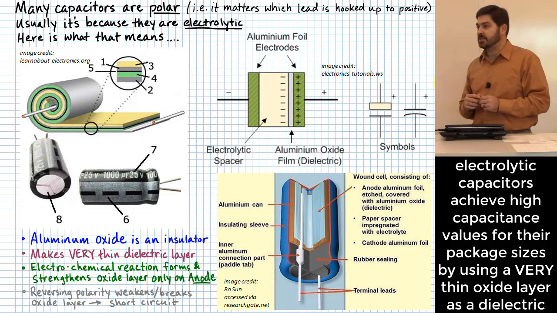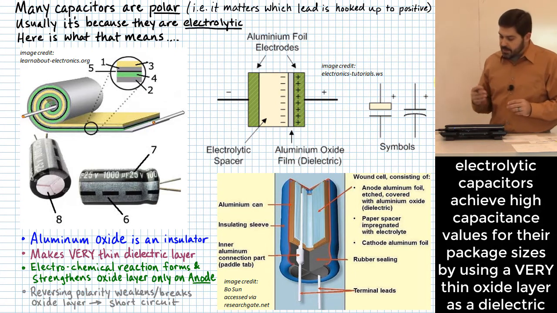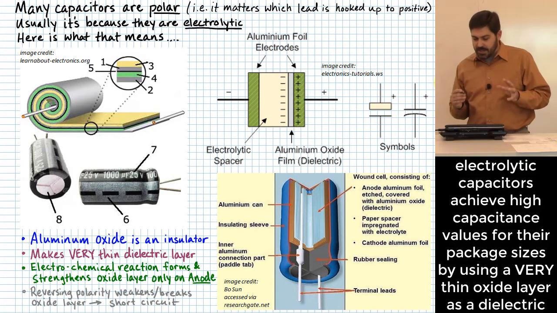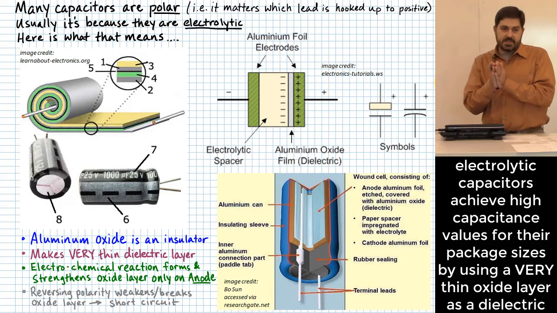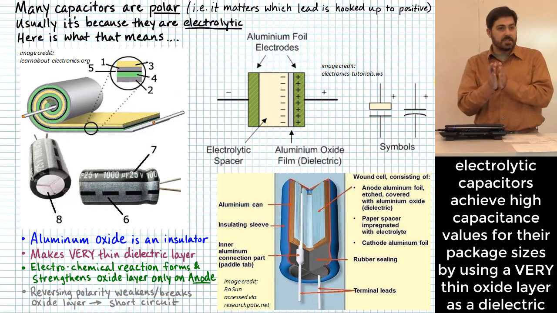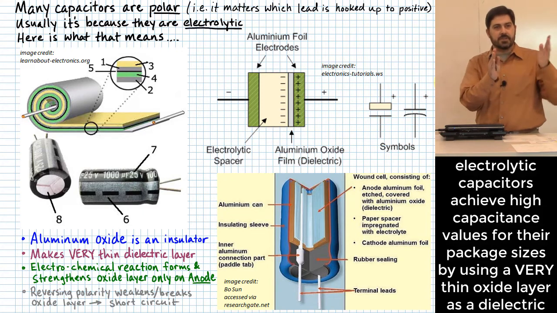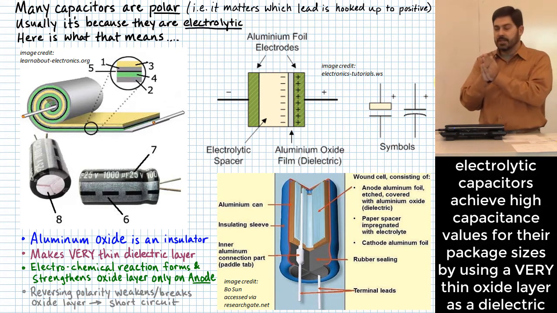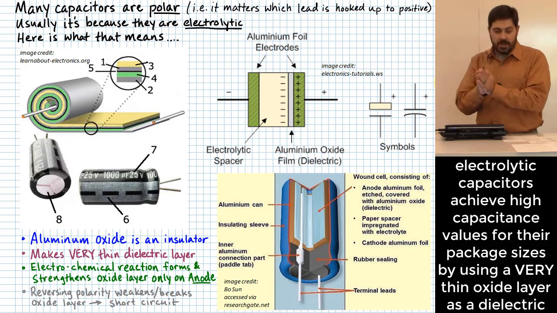But we have to get into how an electrolytic capacitor is built. The essential idea is, instead of having a layer of some insulating material, say a piece of conductive material, then a little film of insulating material, and then another piece of conductive material, electrolytic capacitors are built differently.